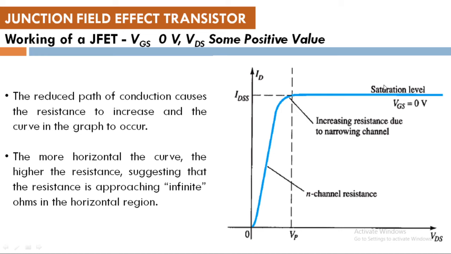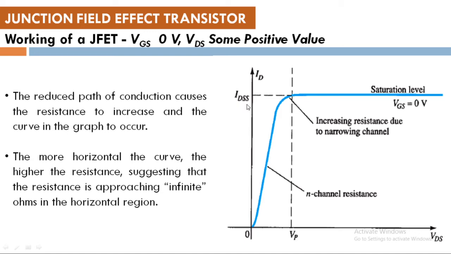So this is the maximum current that is possible through the junction field effect transistor when the input voltage is 0. Whenever you get a current when VGS is 0, we call that IDSS, that is, current flowing through drain to source saturation.